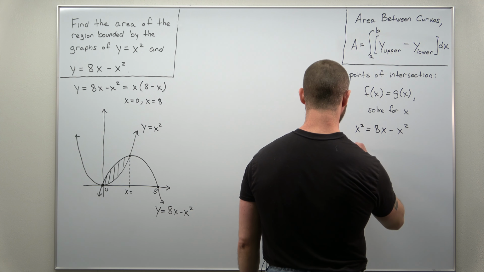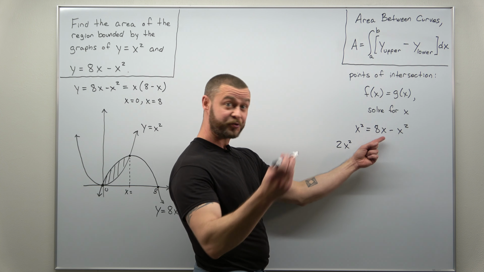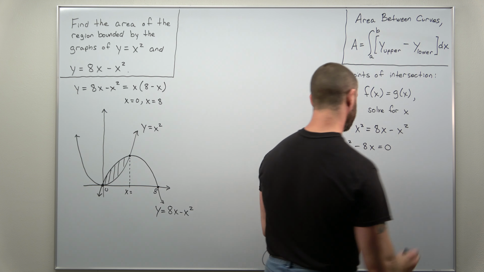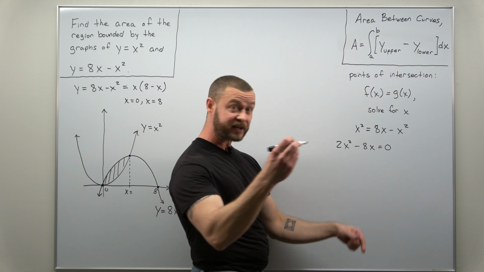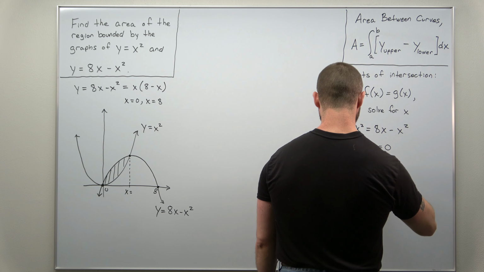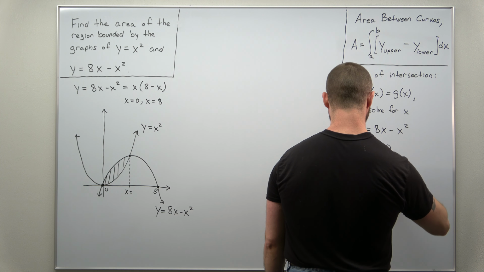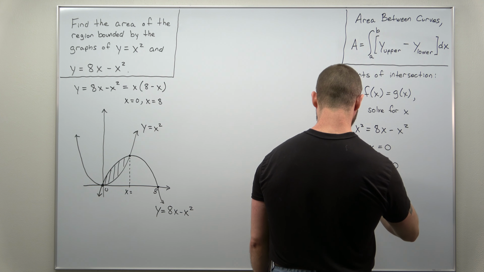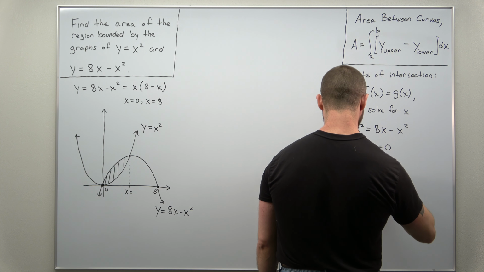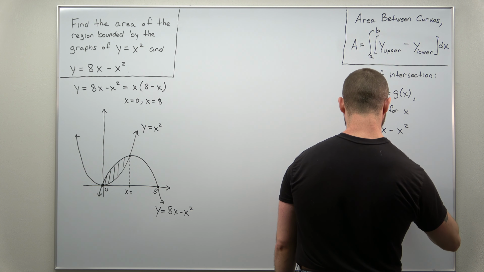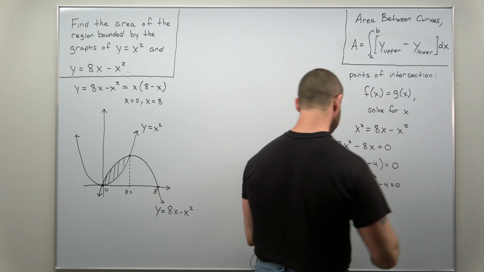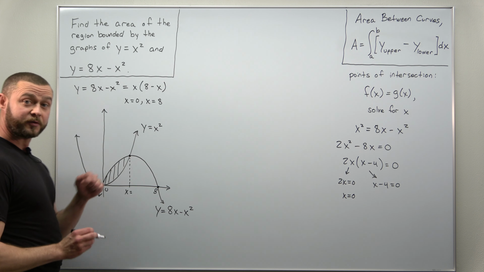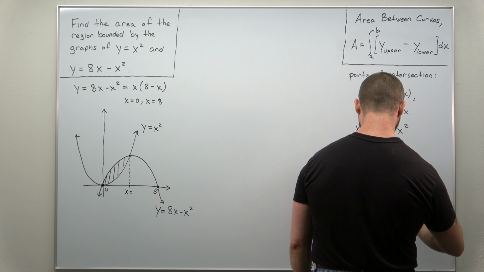So I'll write that as 2x squared, and then subtract 8x. And you can factor 2x out from that. And then from here, if you set each of those to 0, you get two simple equations giving you x equals 0, which we already see from the graph here, and then the other intersection point, this one at the top there, comes out to x equals 4.